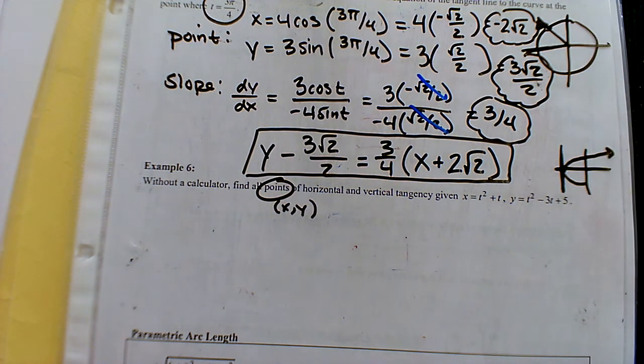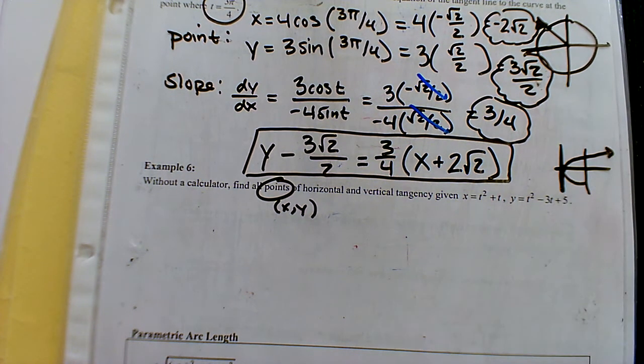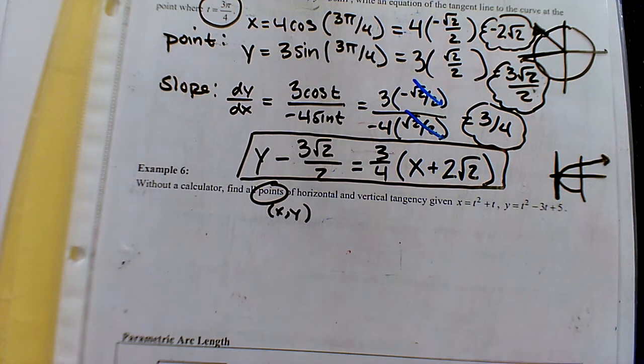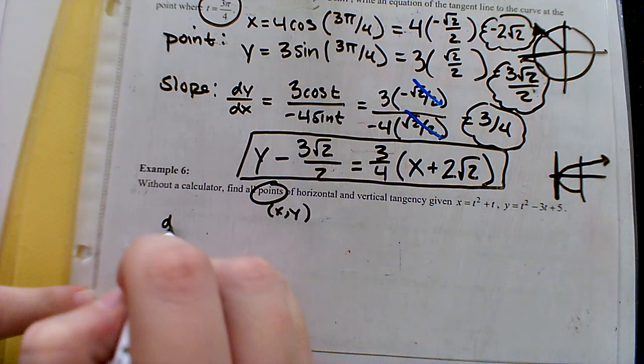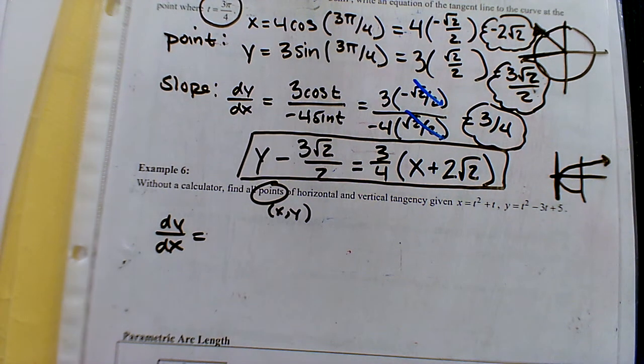Maybe some other point down the road would have a horizontal, but we're trying to figure out if we were to draw in tangent lines, where could we draw them going up and down and left and right. That's normally based off the derivative, the slope of a tangent line. So maybe we'll first tackle the derivative of that parametric set.